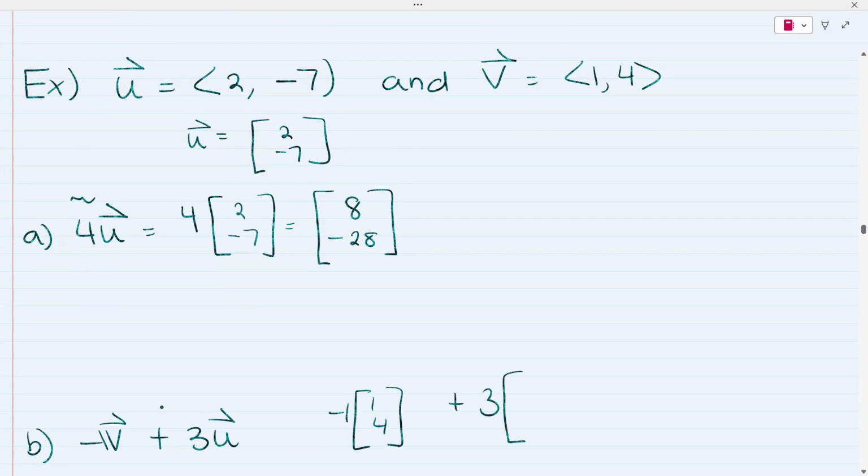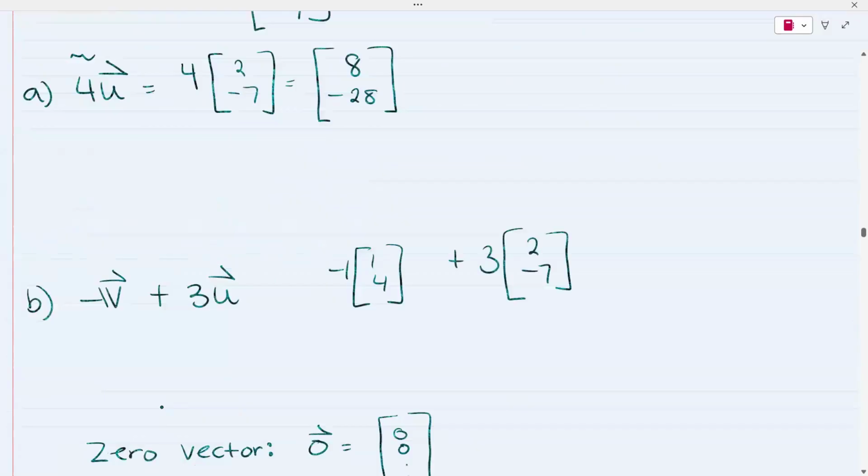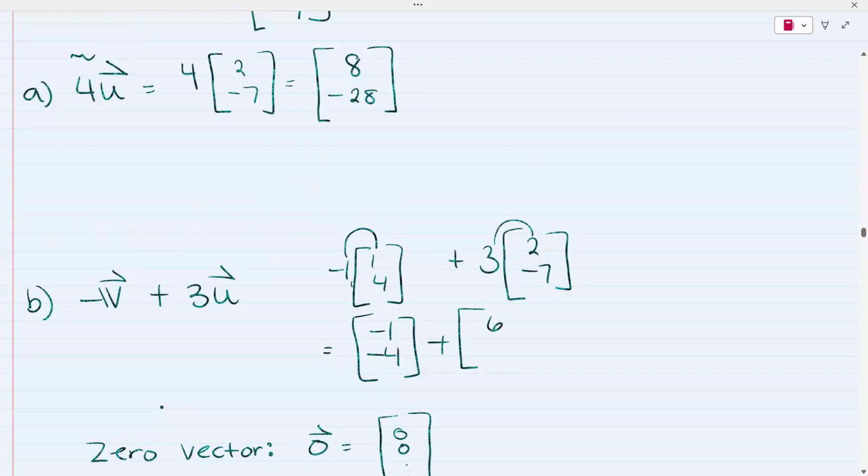I'm going to rewrite vector u as a transpose, so that's 2 comma negative 7. Then what I would do is multiply out the scalars. So -1 times 1 is -1. -1 times 4 is -4. Plus 3 times 2 is 6. 3 times -7 is -21.